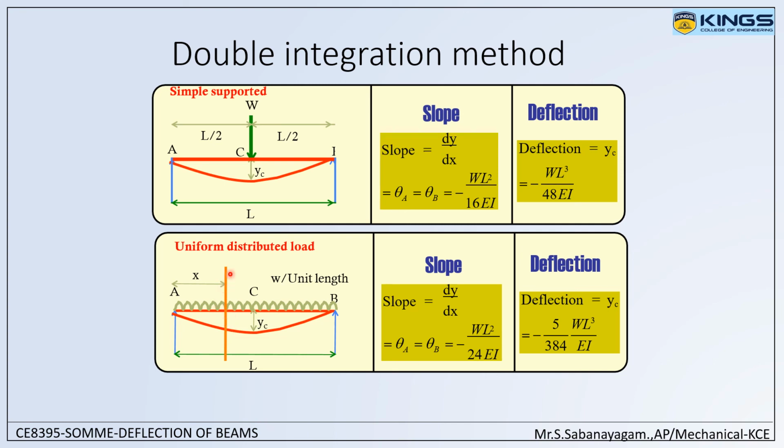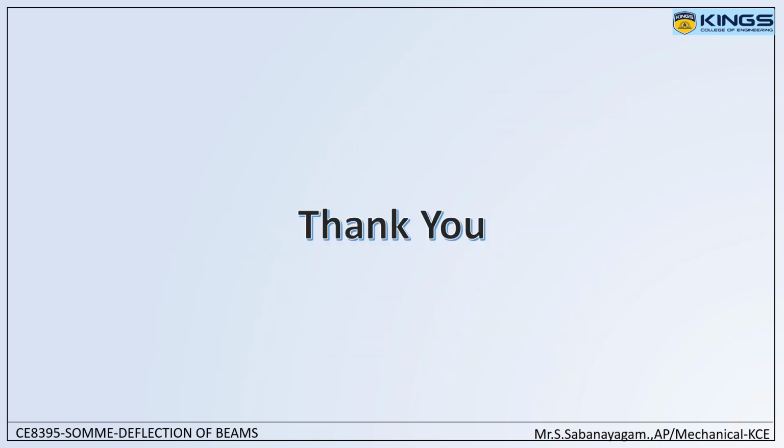We should consider a particular point either at this point, at this point, whatever, and we should take it as the distance x, and on deriving this for a uniformly distributed load on a beam, we will get slope and deflection, that is theta A, theta B, that is dy by dx equal to minus WL square by 24 EI, and deflection yc is equal to minus 5 by 384 WL cube by EI. So these are the formulas to find the slope and deflection of a given beam with a given type of loads. So with this I conclude the session.